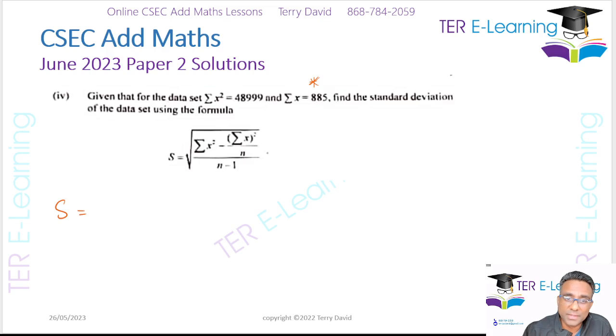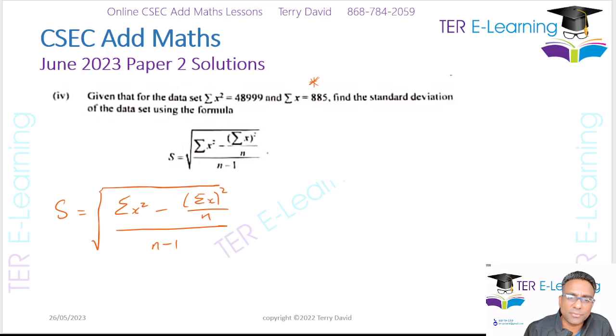So sigma x squared minus sigma x squared over n, all over n minus 1, and you're finding the square root of all of this. They gave me a formula for the standard deviation. So sigma x squared is 48999 minus sigma x squared on n.